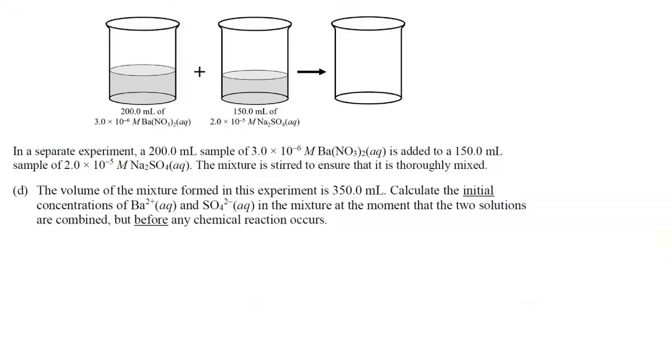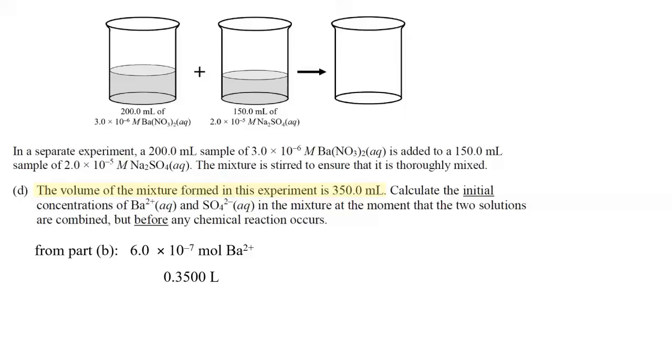The volume of the mixture formed in this experiment would be 200 plus 150, for a total volume of 350 milliliters. If we go back to our answers to parts B and C, we can divide the number of moles of each ion by the total volume in liters.